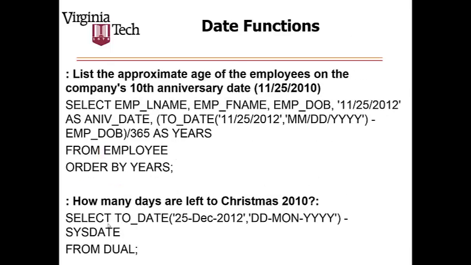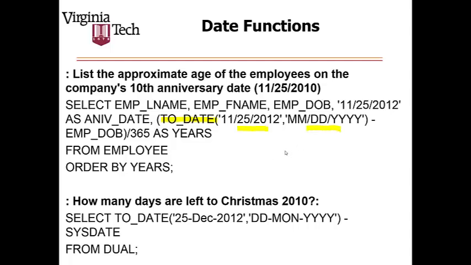So here's a couple little examples of date functions. I guess they're pretty straightforward. Here we have the function toDate, and what we're doing is taking this string, because at this point it's not a date yet, it's a string, and this is a date format.